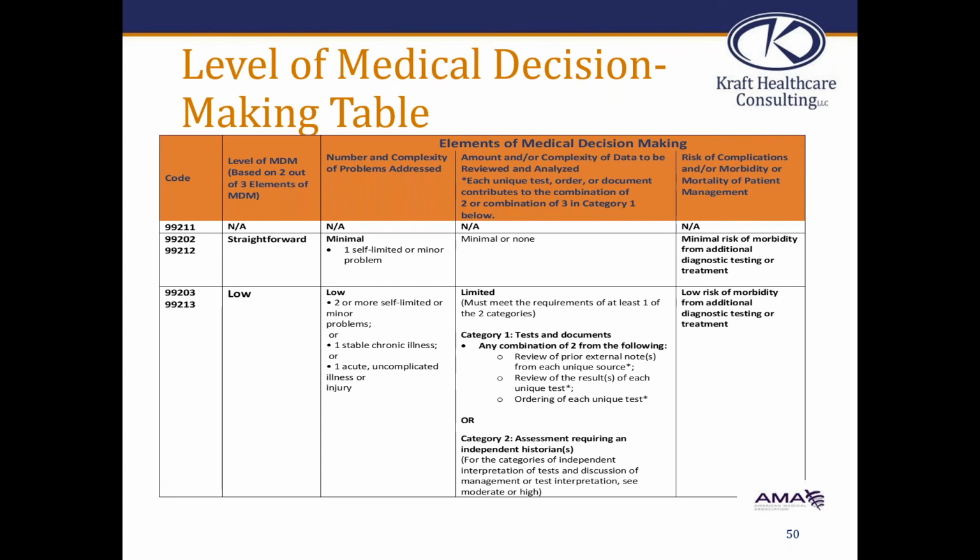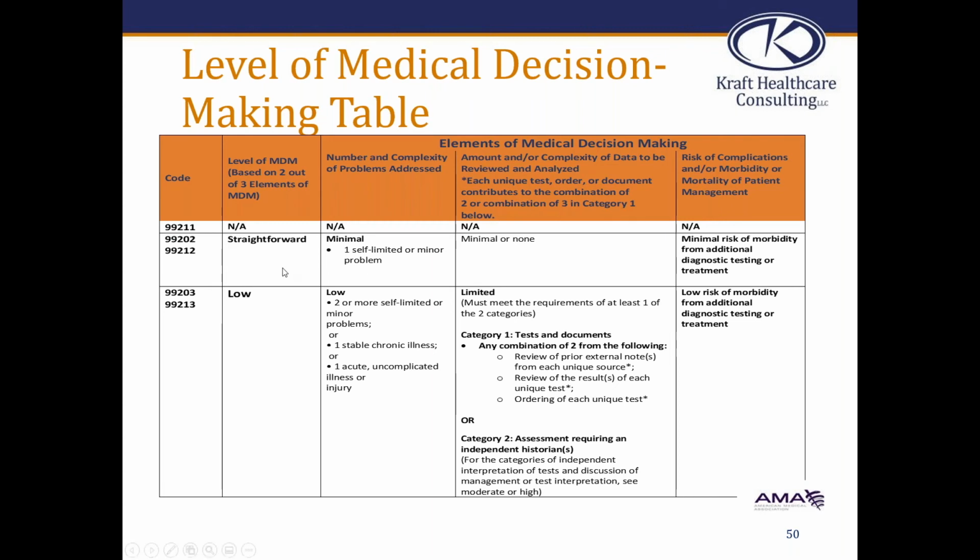Moderate, multiple problems, or they're significantly ill. High, they're very ill. What I like about this is on the table they've grouped the new and established together. You've got 202, 212, and then you've got 203 and 213. It's basically set up in the same format as the table we have now, but again, they have simplified it and provided us some definitions so that we know how to use this.